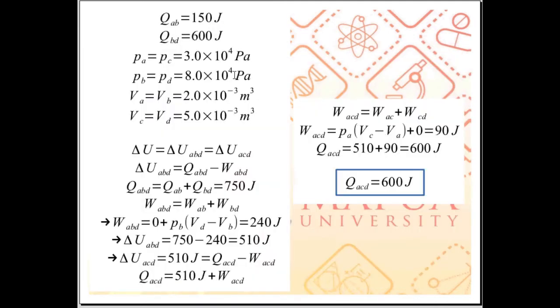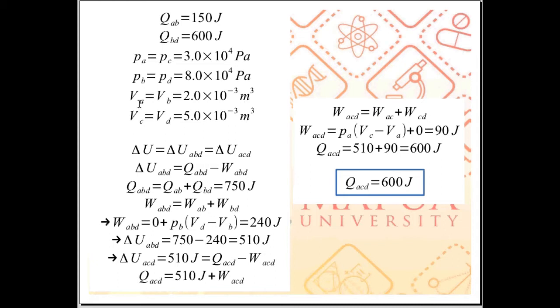So as mentioned in the problem, the given is QAB is 150 joules, QBD is 600 joules. The pressure at A is the same as the pressure at state C, 3 times 10 to the 4th power Pascal. Pressure at state B is the same as pressure at state D, 8 times 10 to the 4th power Pascals.